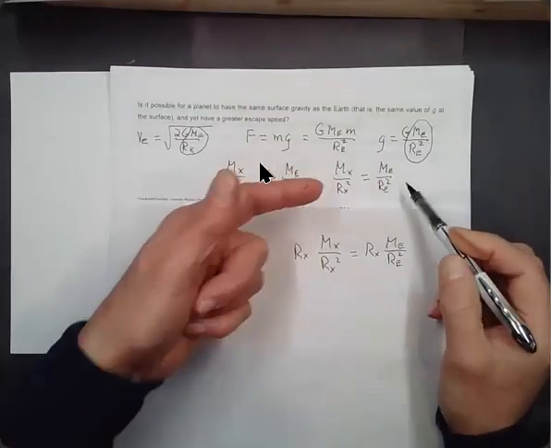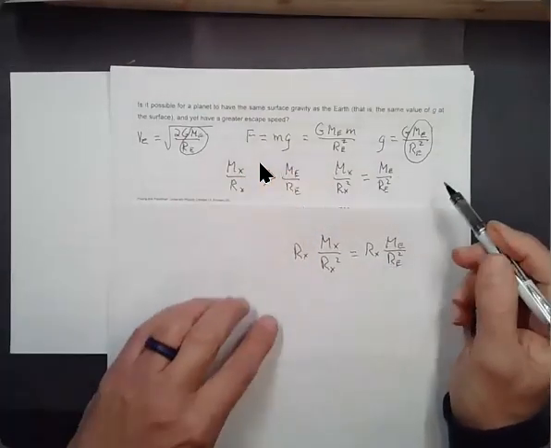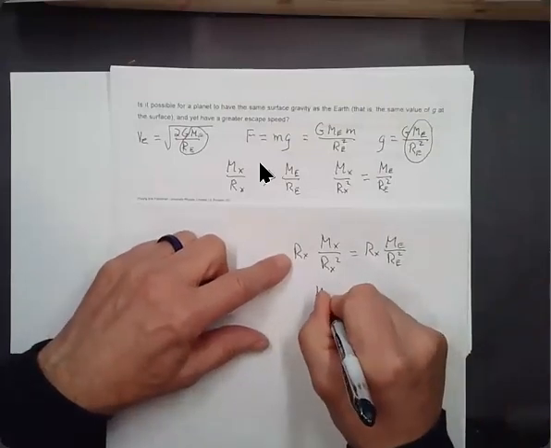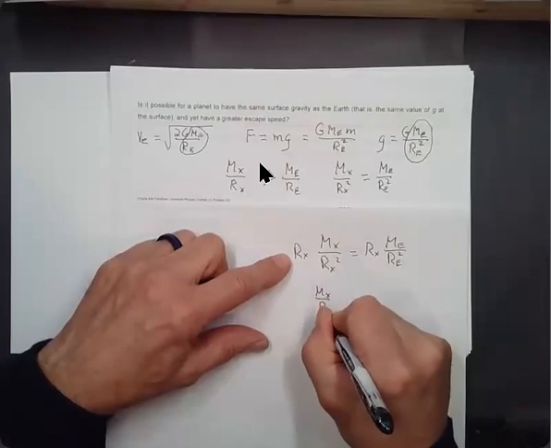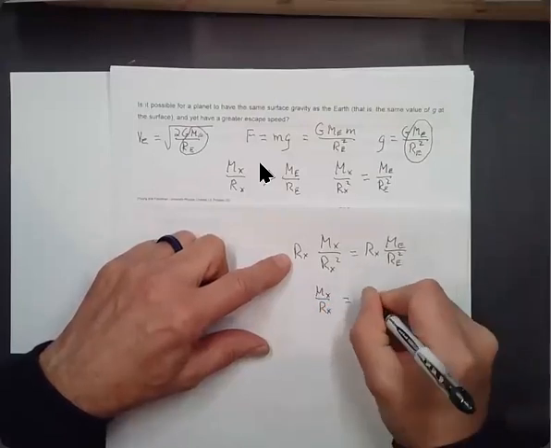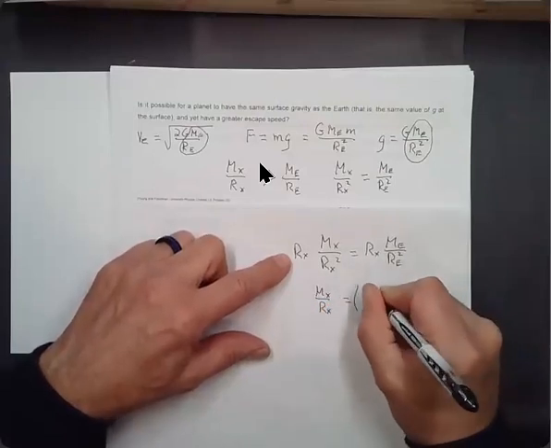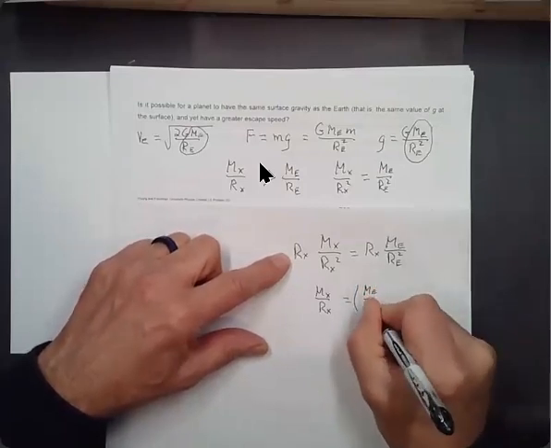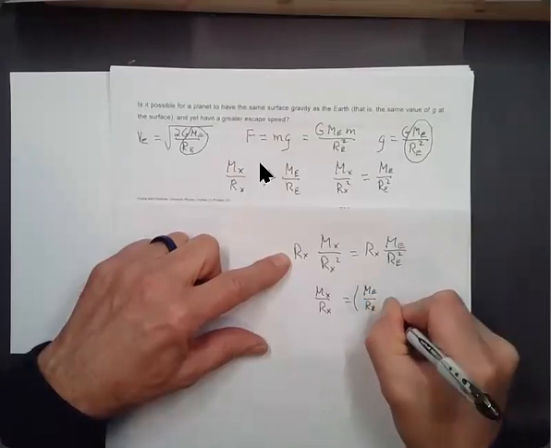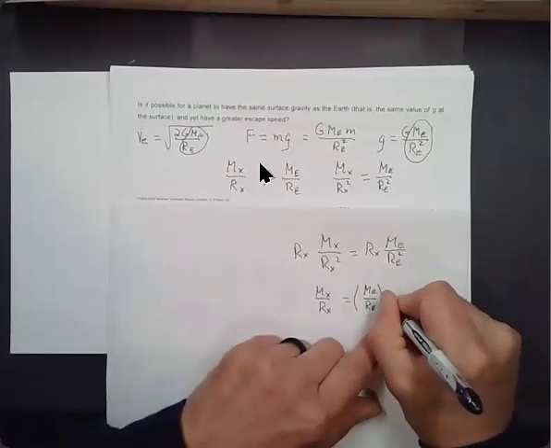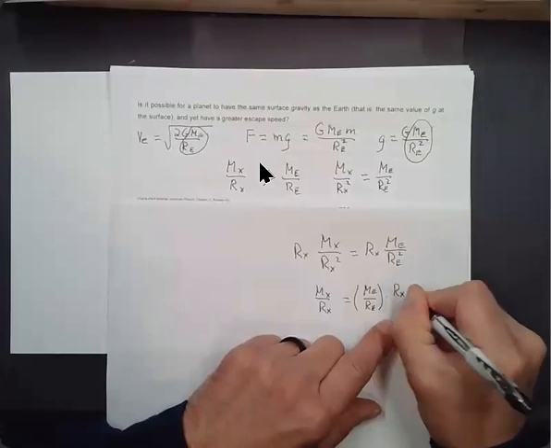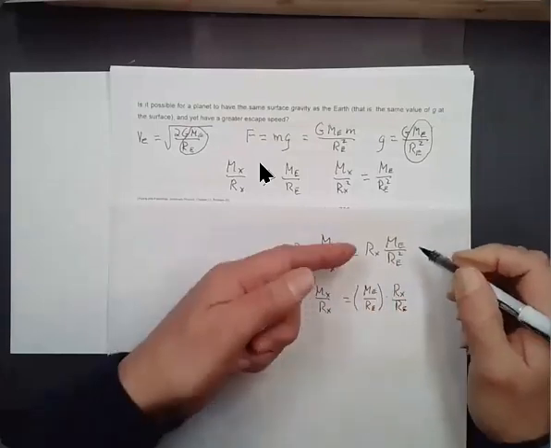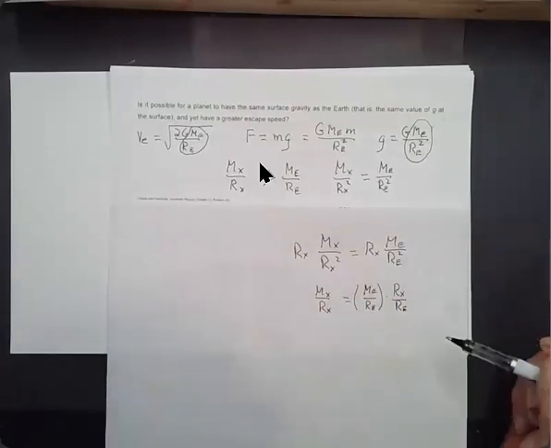Those two are equal. These are not. So I'd get m sub X over r sub X equals the mass of the Earth over the radius of the Earth, I'm going to break this up a bit, times r sub X over r sub E. This is the same as this.